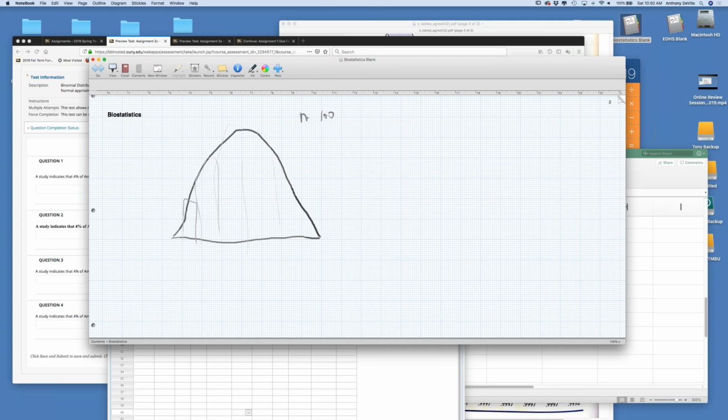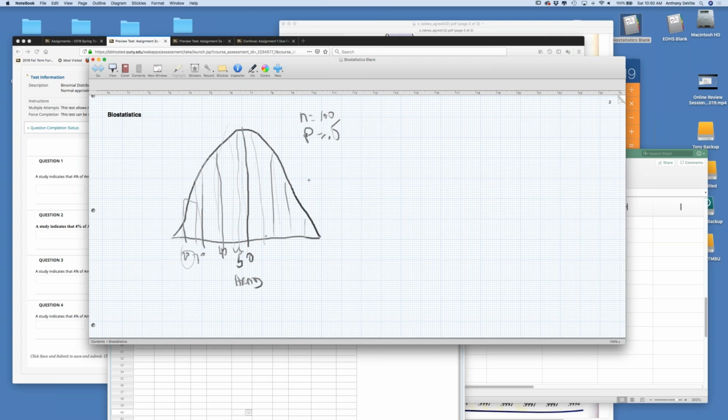If I flip 100 coins each time, and my probability of getting heads is 0.5, I would expect the most common outcome would be 50 heads, right? And very often I would get 49 heads, or 48 heads, or 53 heads, and so on. But 40 heads is not going to be so common. 30 heads is really not going to be very common. And 20 heads, if I flip the coin 100 times, is going to be really uncommon. Same thing with going above this.